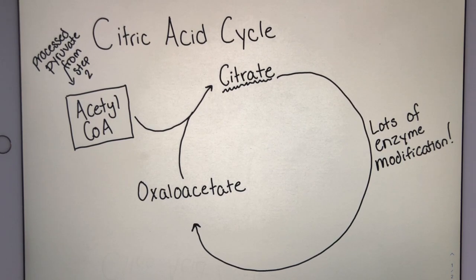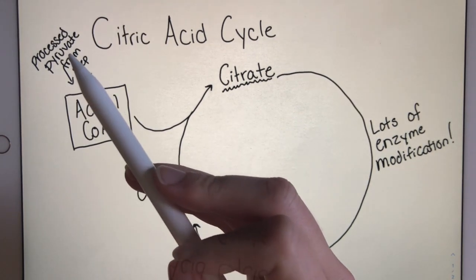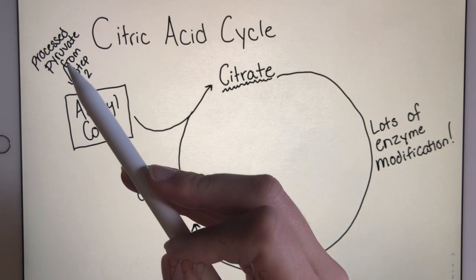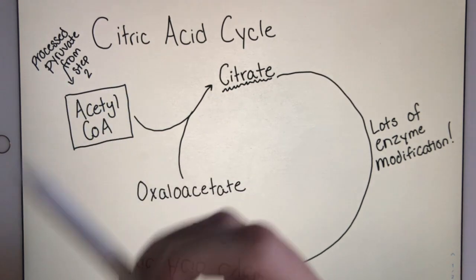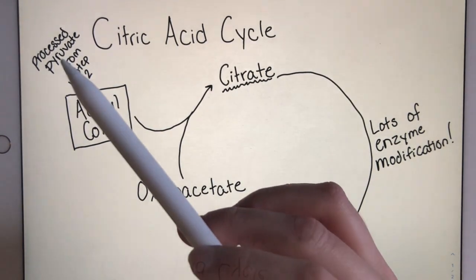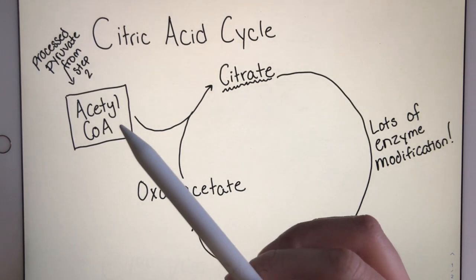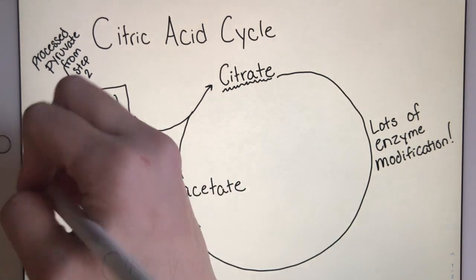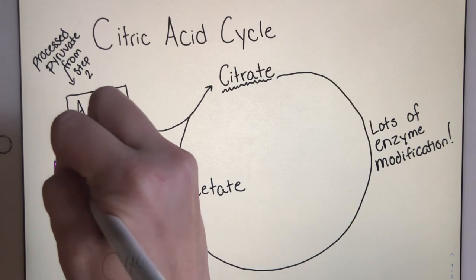Another thing I want you to remember here is that from one molecule of glucose, we get 2 molecules of pyruvate. And from each of those pyruvate molecules, we get an acetyl-CoA. So I'm going to draw in a second one.